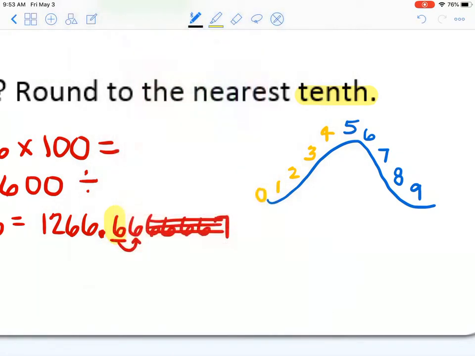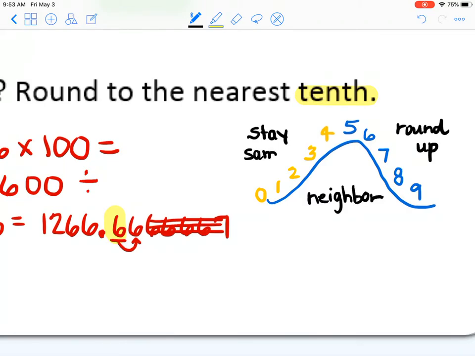And this hill is what I call the neighbor hill. If the neighbor is in this range, you will round up. If the neighbor is in this range, your problem will stay the same.